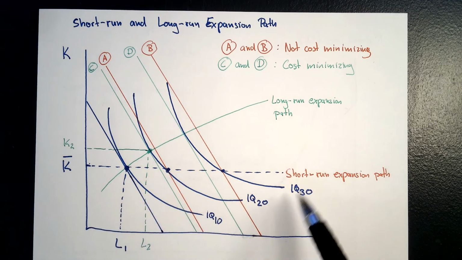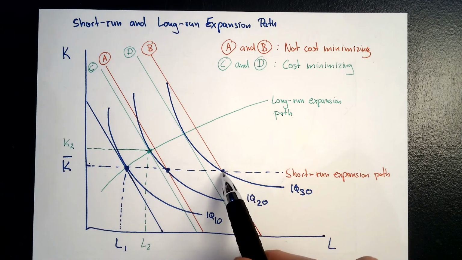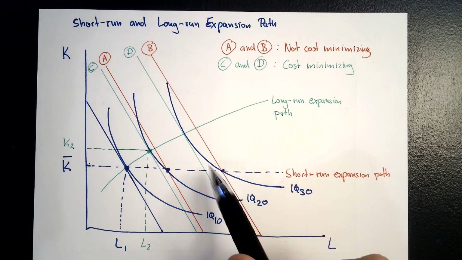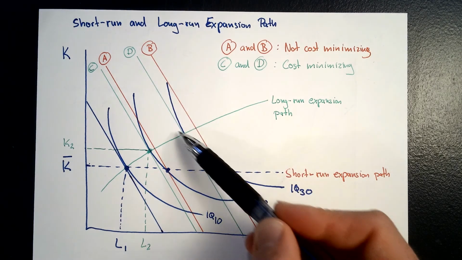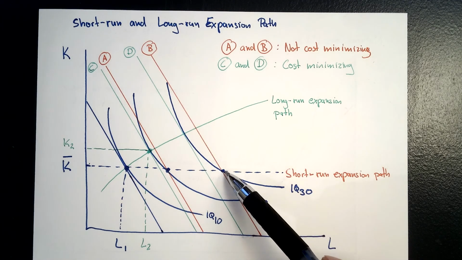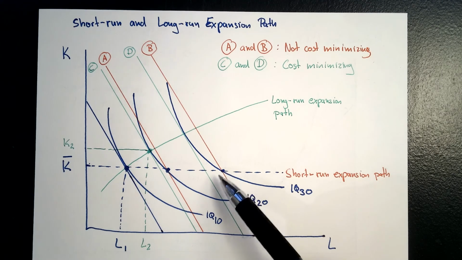Then again, if they are in the short run and they are fixed at K bar, they have to produce at this point, which is not cost minimizing because the isocost line is not tangent to the isoquant at this point. But since capital is fixed, they do not have a choice.